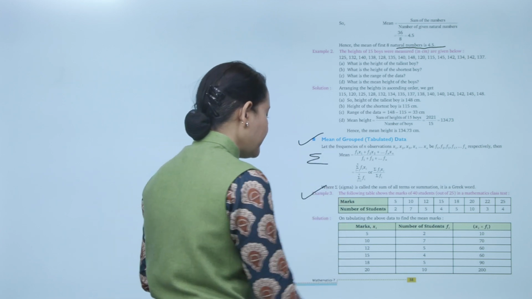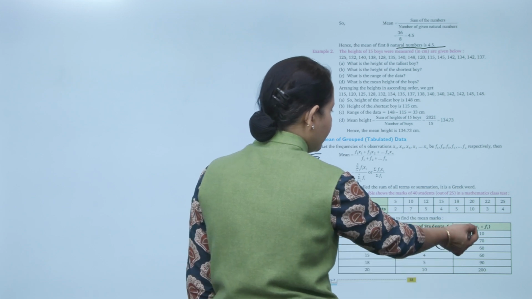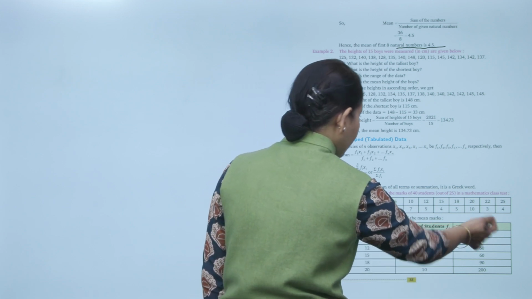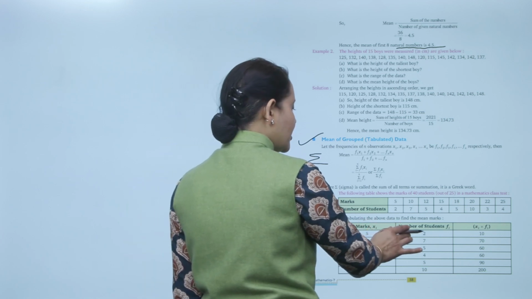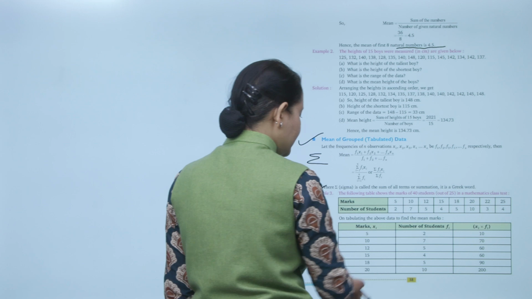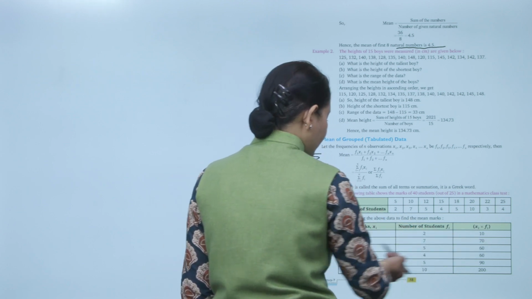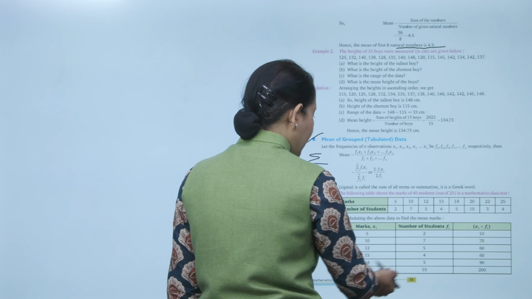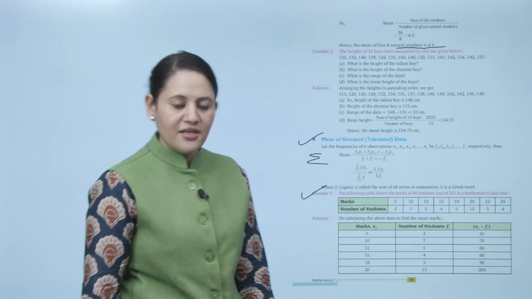We'll make a table: marks, here the number of students, and here इसका जो product है will write here. So marks 5, how many students, 2 students का, so ये हो जाएगा 5 into 2, that is 10. Next 10 marks 7 students, 10 into 7, 12 into 4, 18 into 5 and 20 into 10, that is 200. Clear?